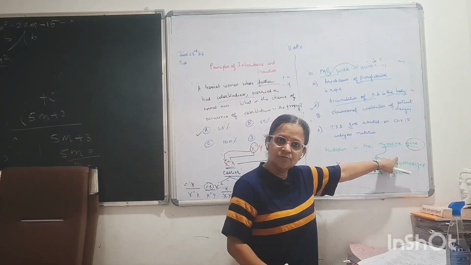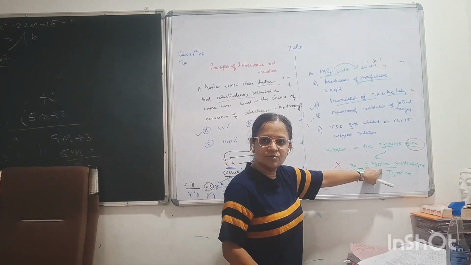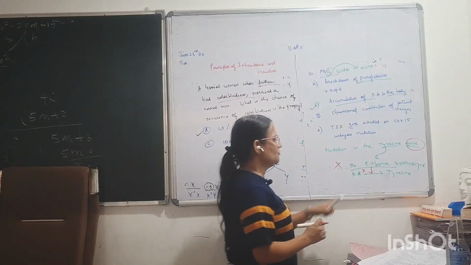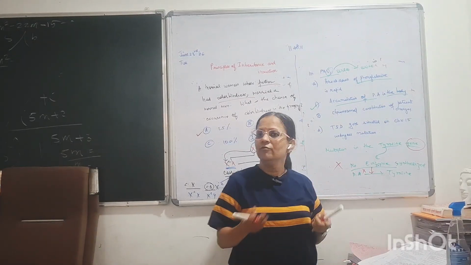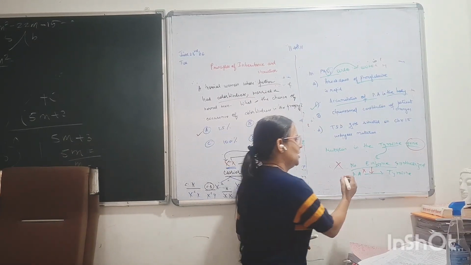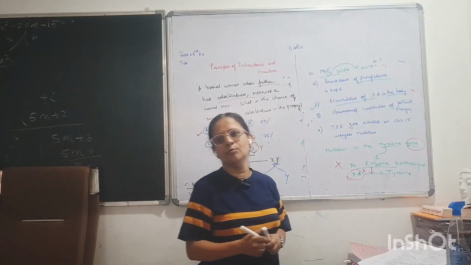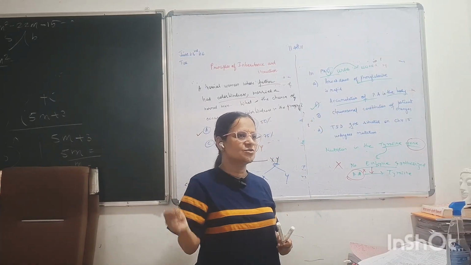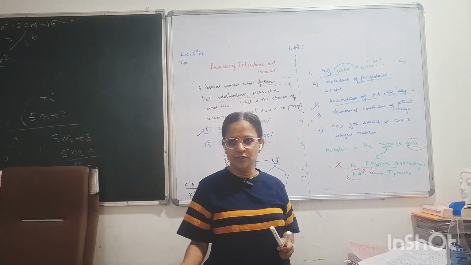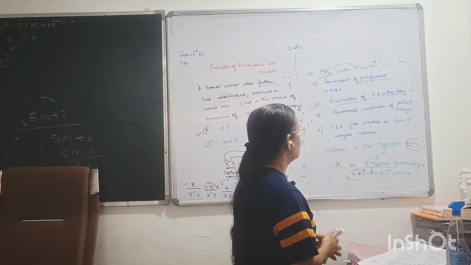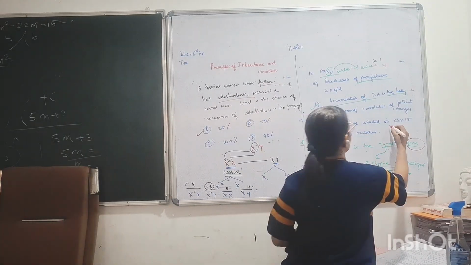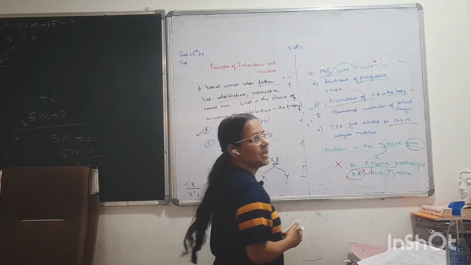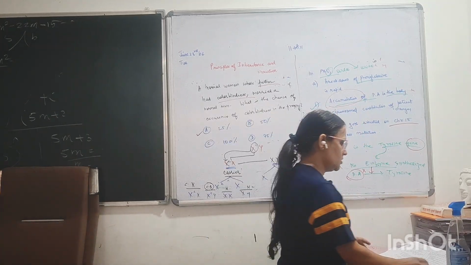Since the gene is mutated, there will be no enzyme synthesis, and so this conversion from phenylalanine to tyrosine will not occur. Hence phenylalanine will remain as it is in the body or in the blood, and it will come in the urine. So this disease is called phenylketonuria, right? So it's not because of chromosome number 15 and all, it's because of accumulation of phenylalanine, right? So this you must understand.